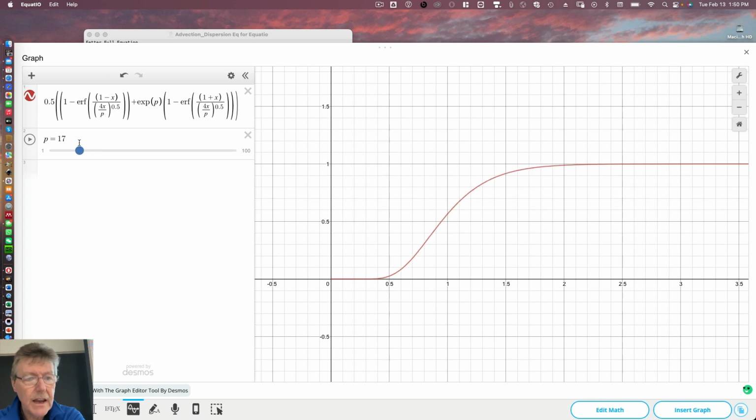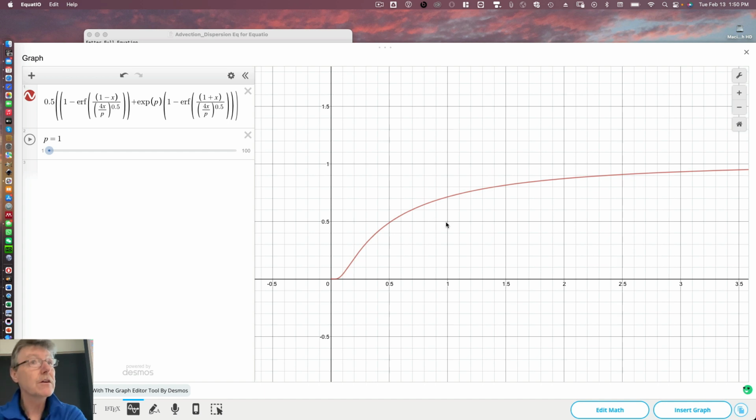If we get down to 10, we're still through this 50% mark at 1, so that's not changed. As we go down to 10, we've moved a bit right of there. Instead of being at one pore volume, we've moved ahead of it. And as we move down to 1, all of a sudden it's not a very good representation at all. So for Peclet numbers less than 10, maybe we don't want to use that very simple expression, and you have to resort to something like this.